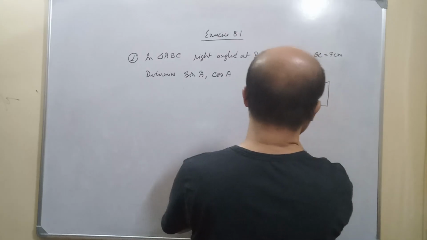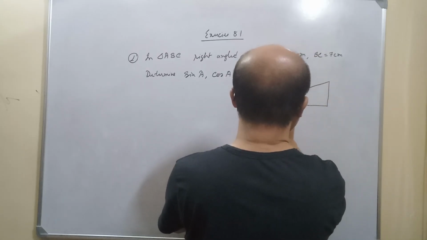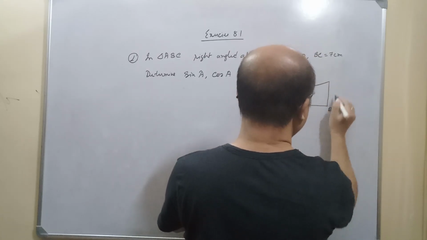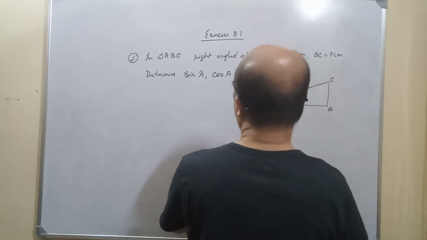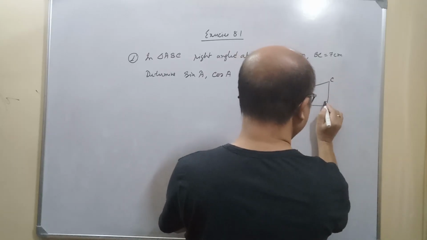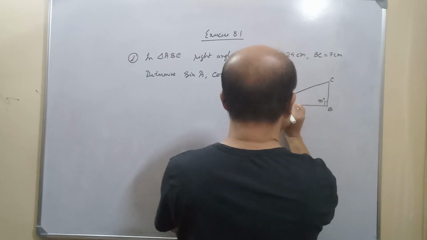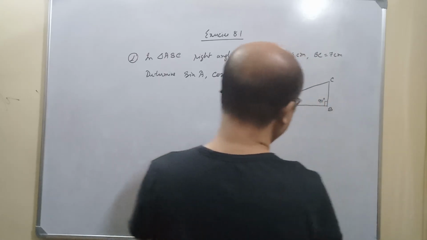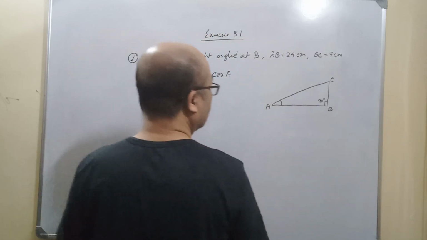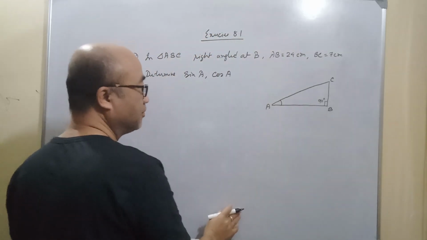Suppose this is a right angle triangle ABC. Okay, the right angle is at B, this is 90 degrees, and we have to find the values of sin A and cos A.